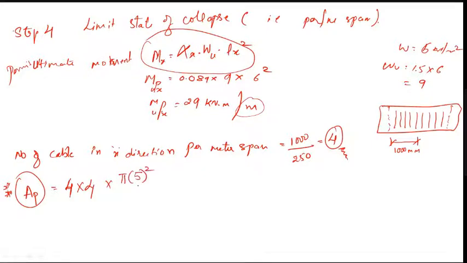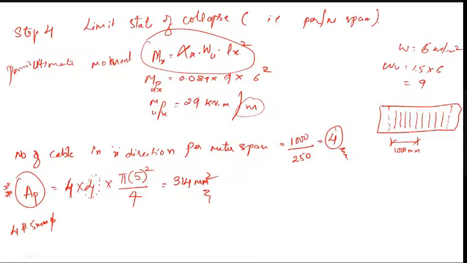Just remember, sometimes you will skip one number here. In the question he has given 4 cables, and we required 4 cables in 1 meter span, multiplied by the area of 4 numbers of 5 mm dia. So the Ap will be 314 mm square. Finally we calculate the value of Ap.